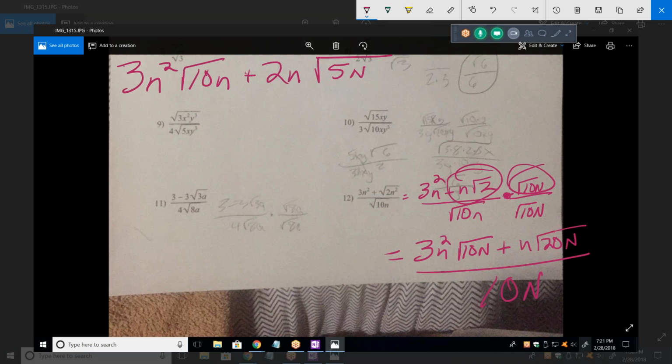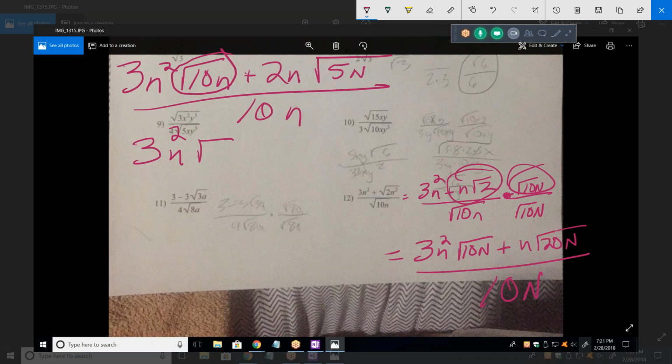With me? Yeah. Now, might be worth turning that into root 5n times root 2. Because then I can factor a root 5n out. So let's rewrite that. 3n squared times, now be very careful here.